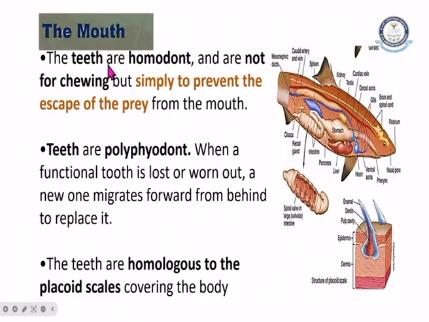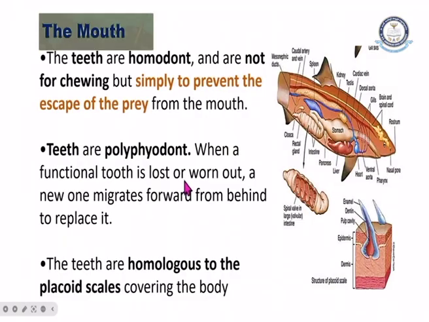What kind of teeth are they? As we discussed earlier for placoderm, they are called homodont because they are similar in size and shape. They are not strong, so they are not helpful in chewing. They simply catch hold of the prey and prevent its escape from the mouth.